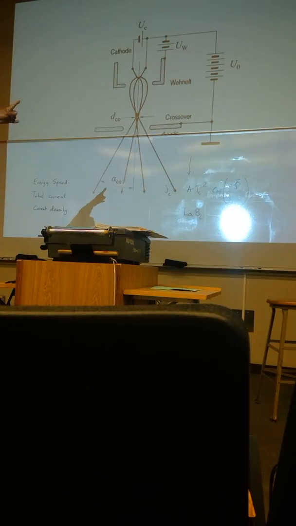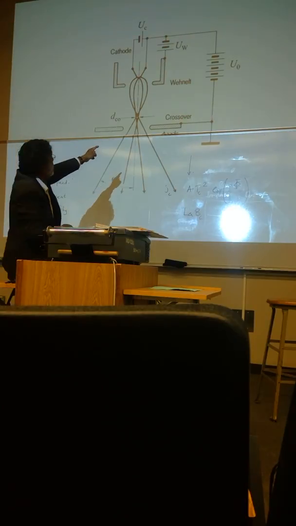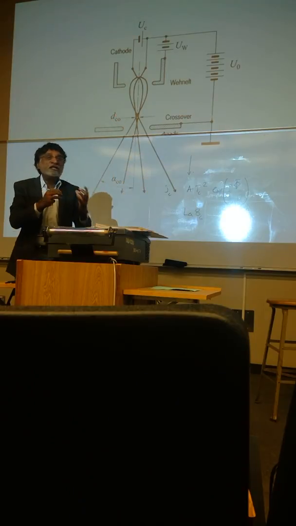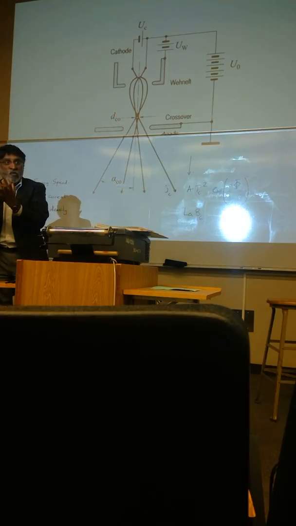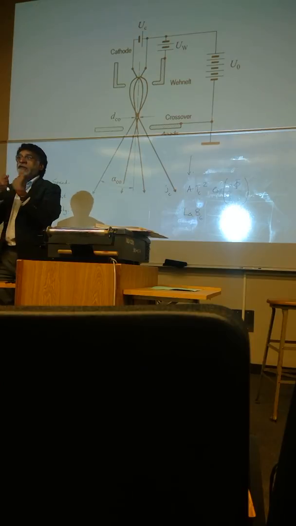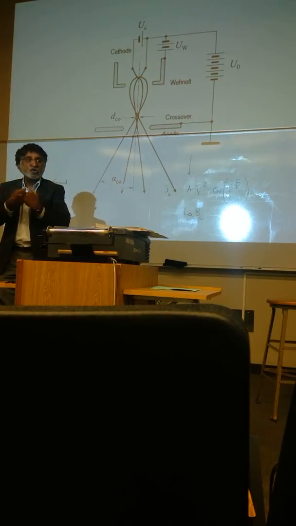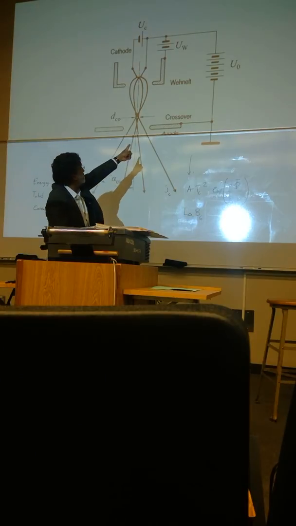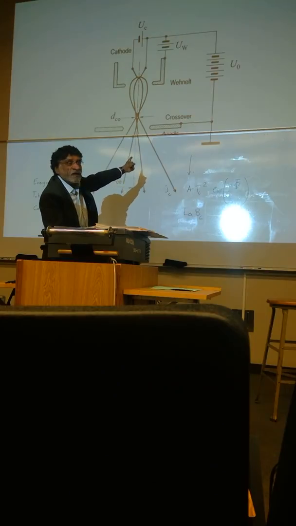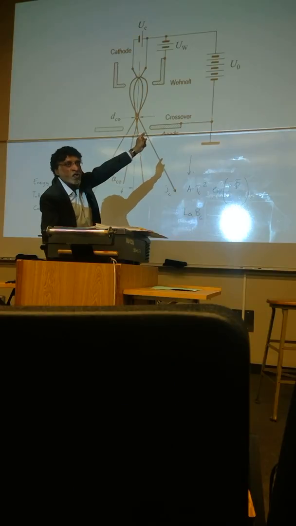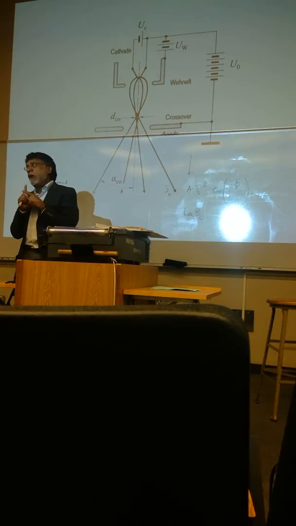The important thing to recognize is that UW is just the Wehnelt potential, which is a small one. When people talk about a 100 kilovolt or a 200 kilovolt microscope, it's the potential of the anode, U0, which is what they are always talking about.